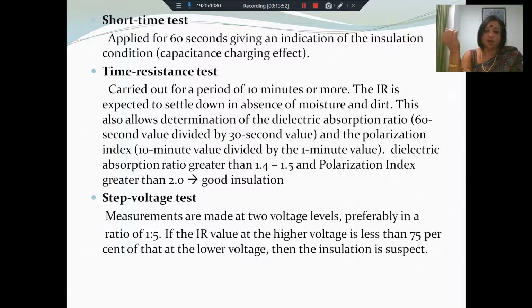So if your insulation resistance falls rapidly with the increase in voltage, it is indicative of something wrong in the insulation. So these are in brief the 3 different kinds of tests that you can perform with a megger, where you do nothing but measure the resistance of the insulation system. Remember, we are not necessarily measuring just the resistance of a sample of a material, but we are looking at the resistance of an insulation system.